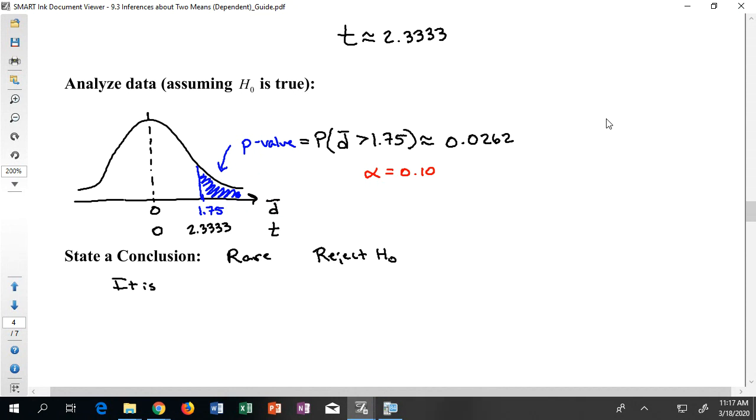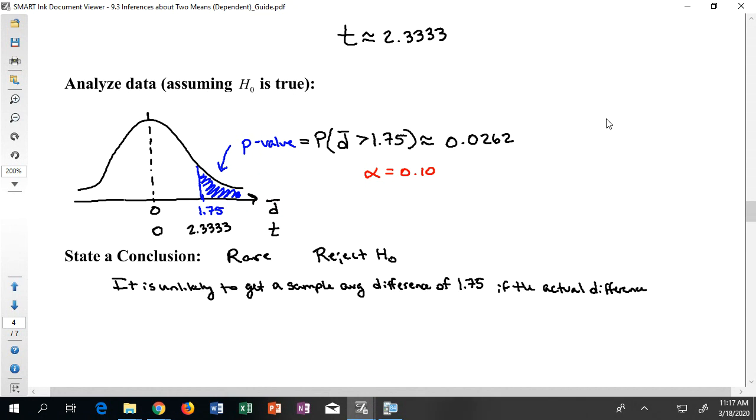So we'll say it is unlikely to get a sample average difference of 1.75 if the actual difference is 0.